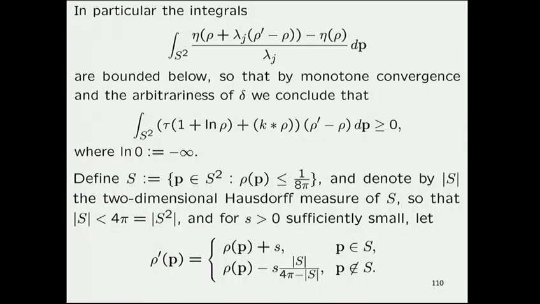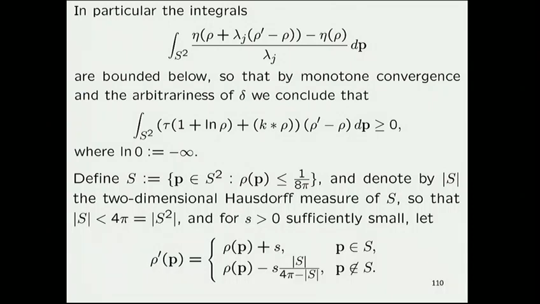Okay, and now for s sufficiently small, we take this variation. On the set S, where rho is less than 1 over 8 pi, we increase it by s. So if it's 0, that will increase it, and of course that will mean that rho log rho decreases.